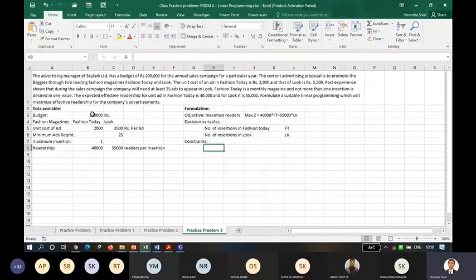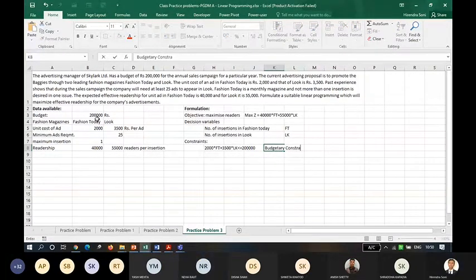So that means 2000 into number of insertions in Fashion Today plus 3500 into number of insertions in Look should be less than or equal to how much? My budget, 2 lakh. Yes, sir. Fine.